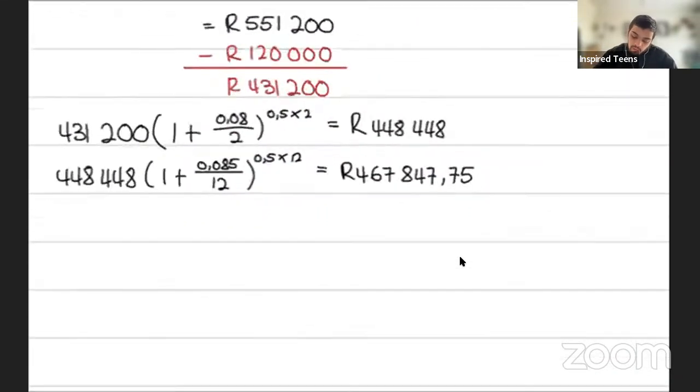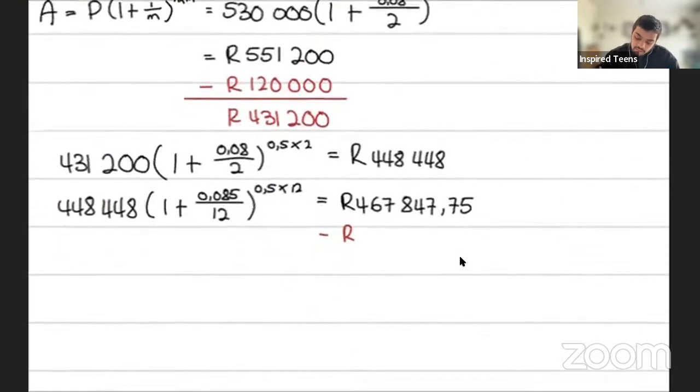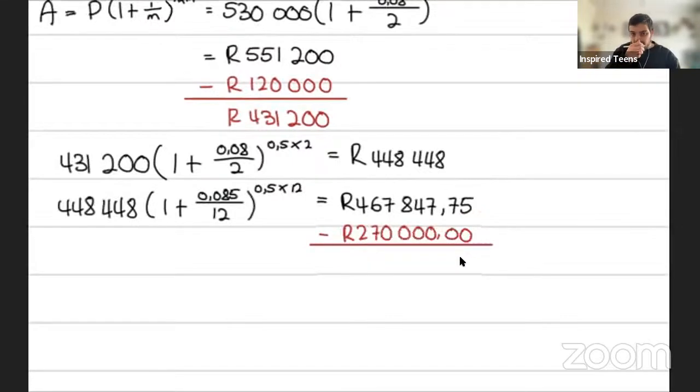That was a change. So we need to make this payment minus, how much did she pay? 270,000. So we make this payment. Once she makes this payment, she no longer owes them that big amount of 467,000.